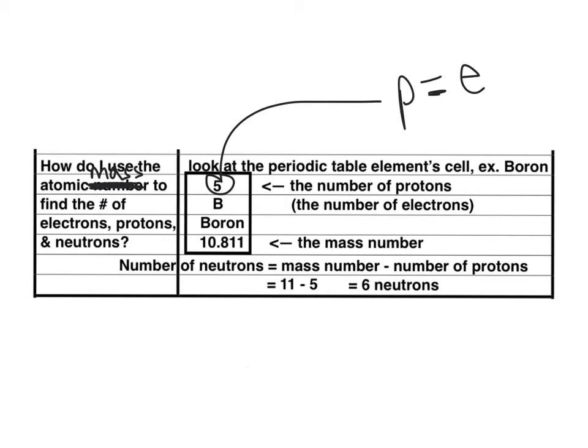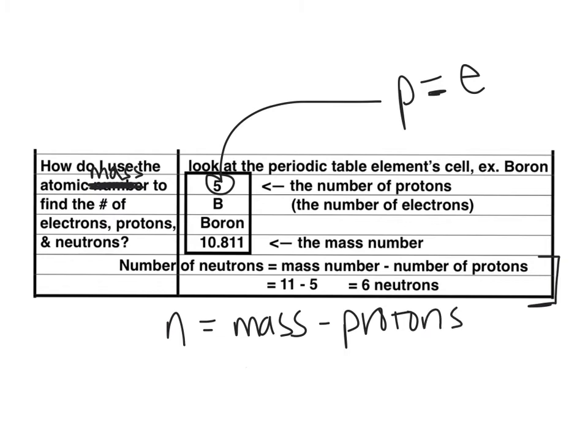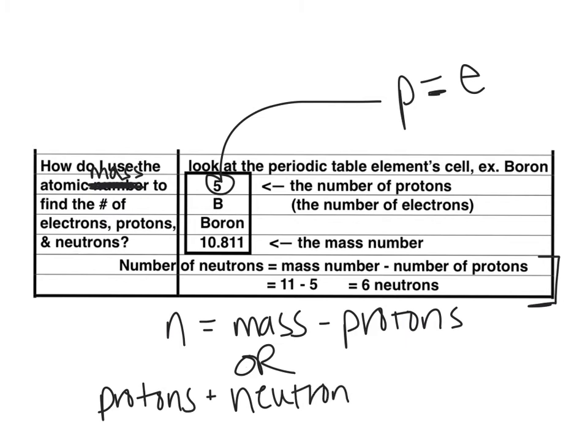So you do this little equation here that says the number of neutrons is equal to the mass number minus the number of protons. So if you think about that, N equals mass minus protons, or you could say protons plus neutrons equals the mass, because the protons and the neutrons have the mass. So it's a little bit of a math here, but you can figure that out totally.